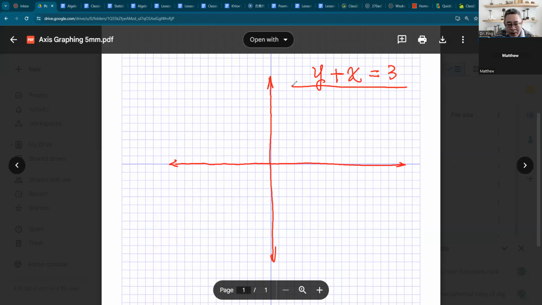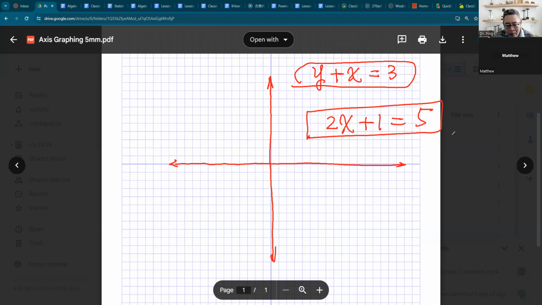This is called a two-variable linear equation, which is different from this kind of equation, a one-variable linear equation. In that case, this number is fixed. In the old days, we called it the unknown number, because it has to have a specific number. But in this kind of equation, we have two variables.